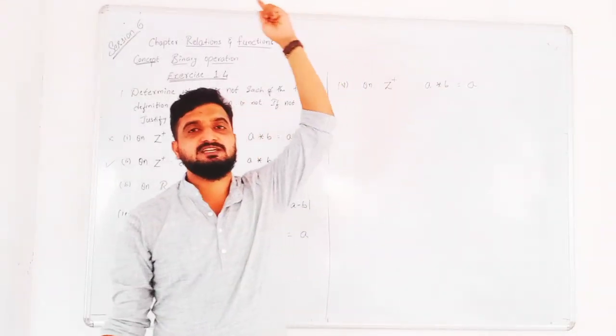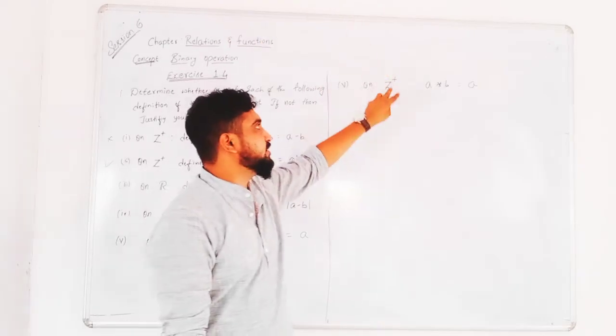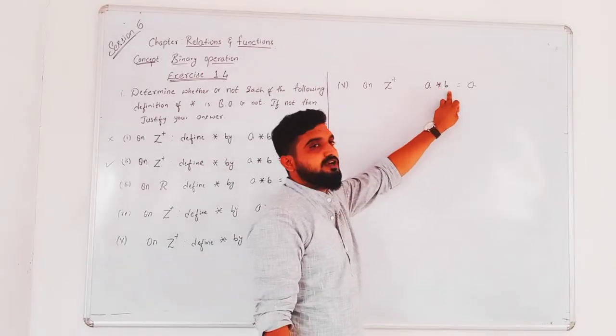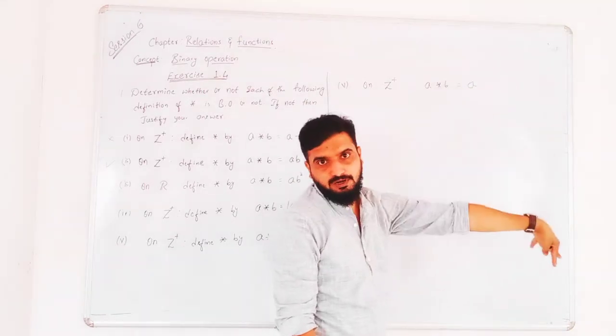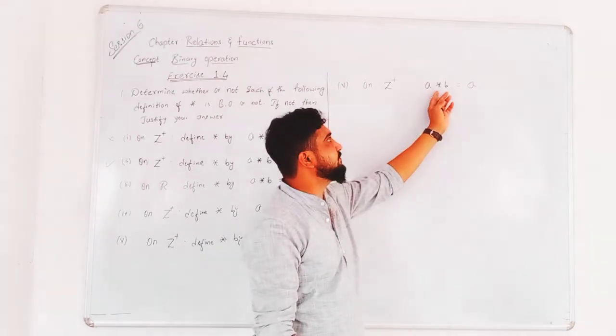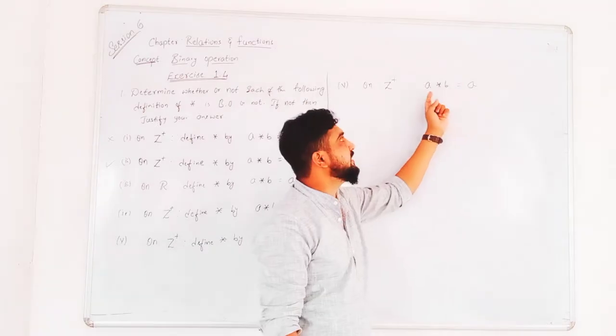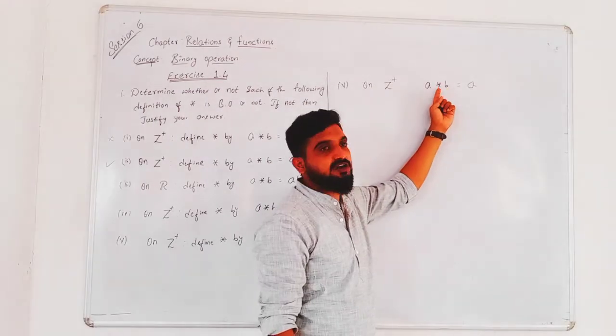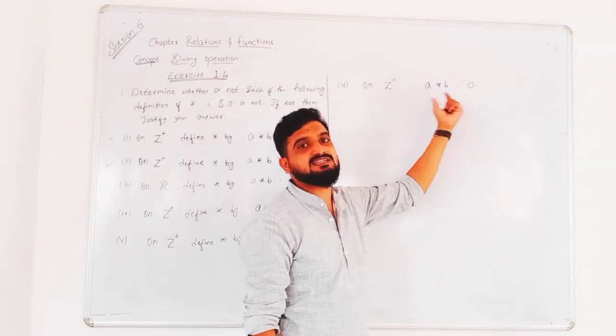Z plus, that is the set of all positive integers. If I take any two numbers and I binary operate A star B, the answer is the first number. So what is the meaning of A star B is equal to A? It means if I take two numbers from Z plus, those two numbers when binary operated with star give the first number as the answer.